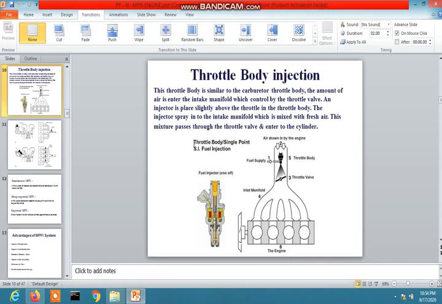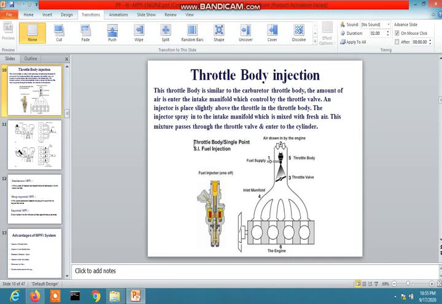So here is the picture. This is the inlet manifold and this is the throttle valve, and the fuel injector is placed here, and this is the intake manifold. So an injector is placed slightly above the throttle in the throttle body.